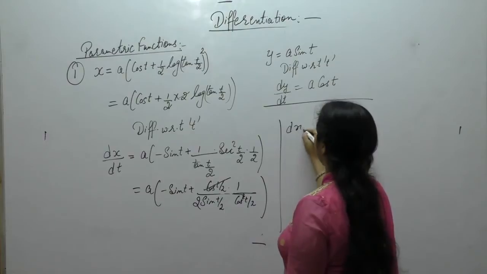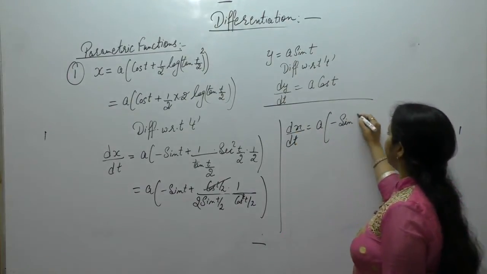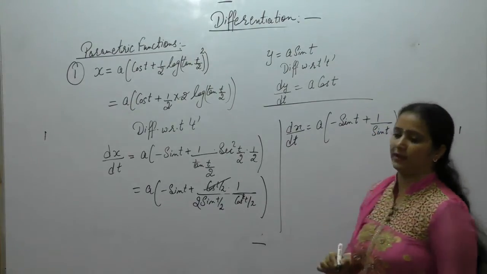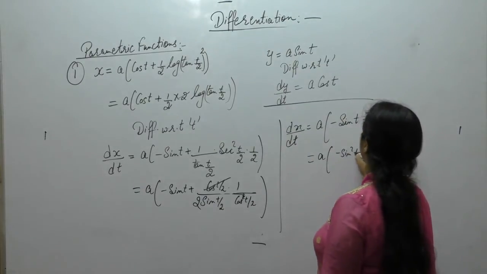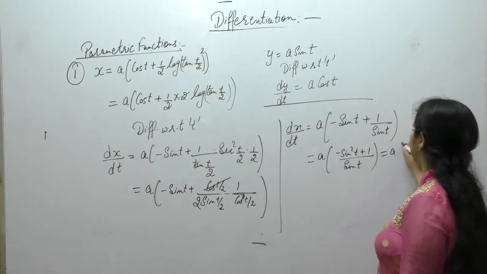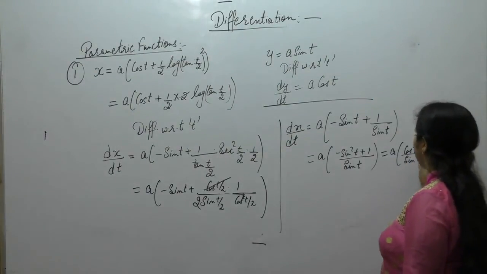So dx upon dt is a minus sin t plus 1 upon sin t. Now take the LCM. Minus sin square t plus 1. 1 minus sin square t, use the identity, cos square t upon sin t.